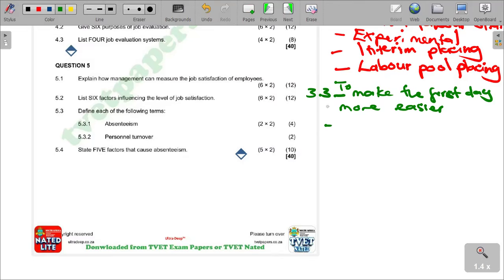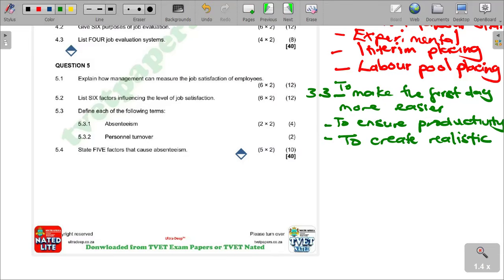They also want to ensure that the organization becomes productive, to ensure productivity as soon as possible. They also want to create realistic expectations.